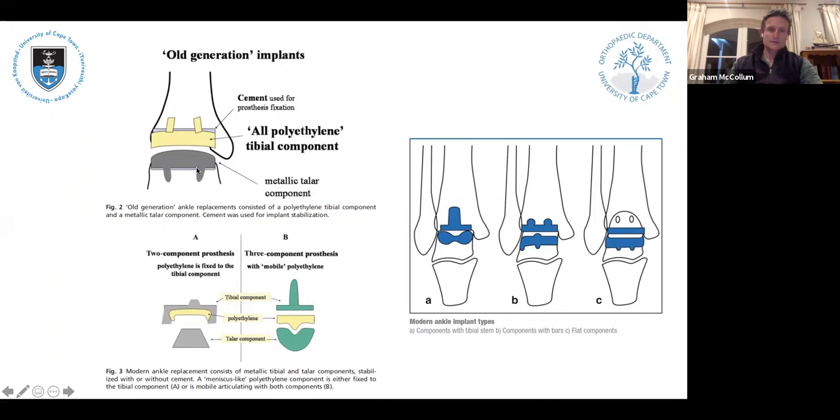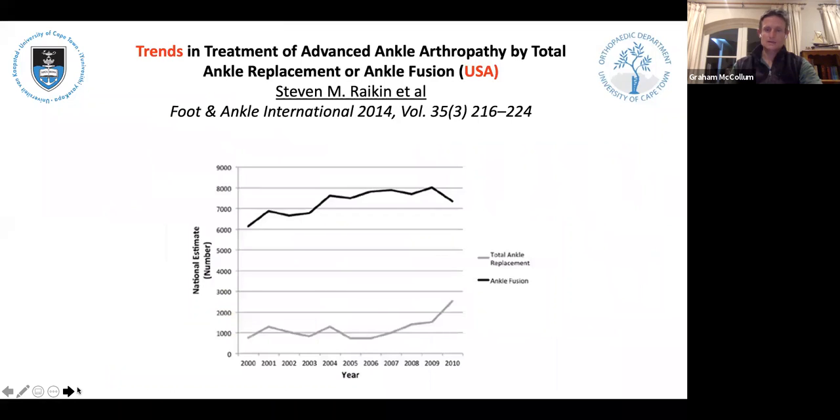So old generation implants being very well bonded to the tibia and constrained and using cement, and the newer generation implants being some of them with mobile bearings and mostly with fixed bearings, but with quite unconstrained designs, which certainly mirrors what's happened in the other joints.